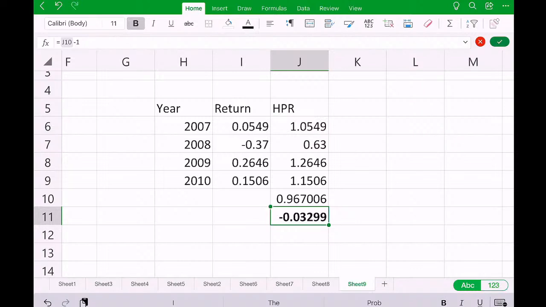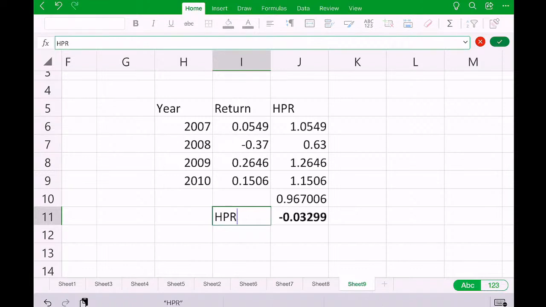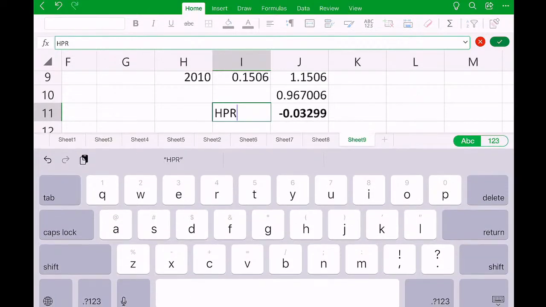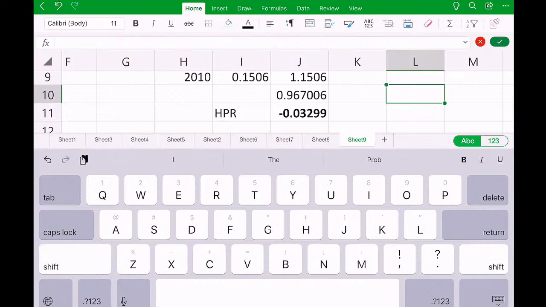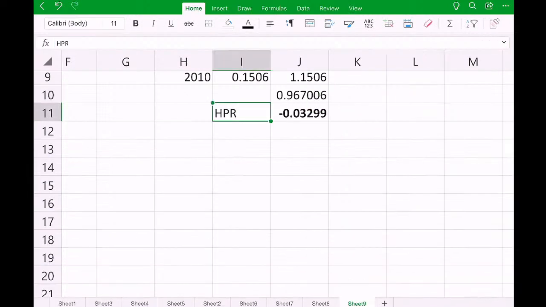So you can use Excel to make this calculation. Now if you want to get this, I should actually say this is the holding period return.